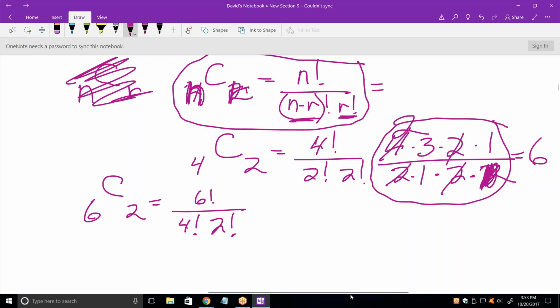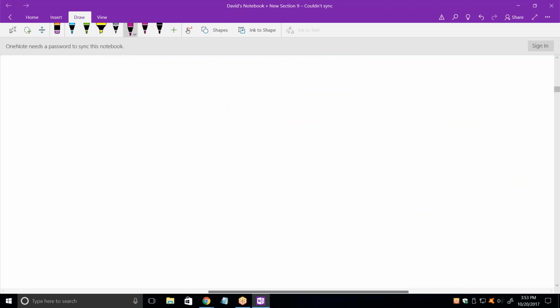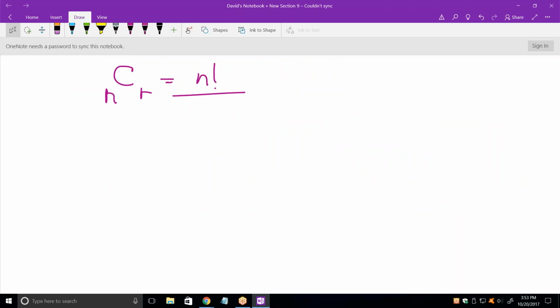Let me start from scratch. Here's what you want to take a picture of. N choose R equals n factorial over n minus R factorial times R factorial. I should have done the P first, but that's okay. Okay, I have that written down in my notes.